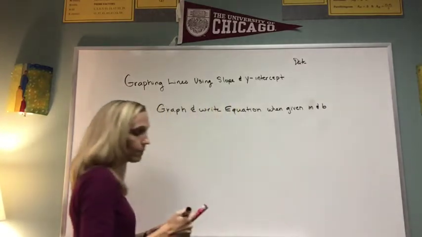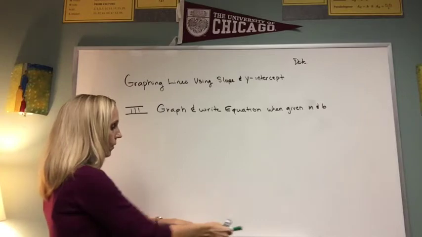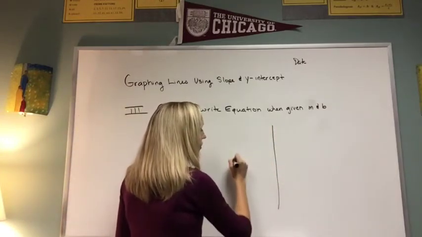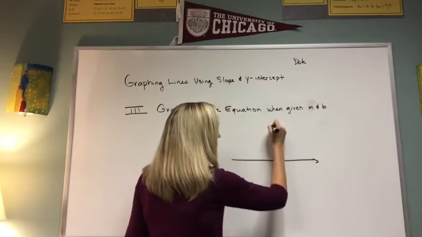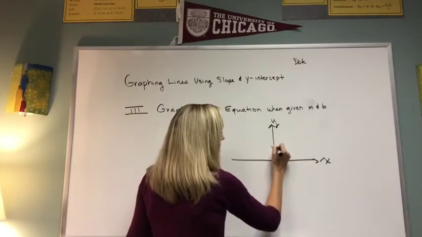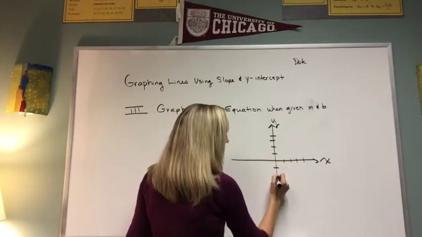And that's usually how we write it. We say m equals and b equals. Okay? So here's my graph. Use graph paper. Do not do this. I don't have graph paper, so we're going to have to be very, very considerate of that.